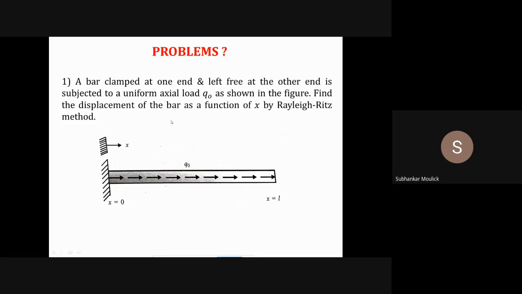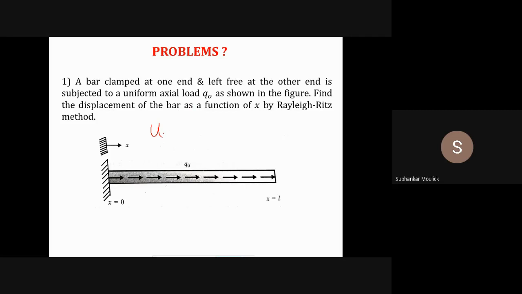You can see that at the fixed end, displacement will be zero. That means u is equal to 0 when x is equal to 0. This is the essential boundary condition. Essential means what? In this problem, my essential thing is the displacement.